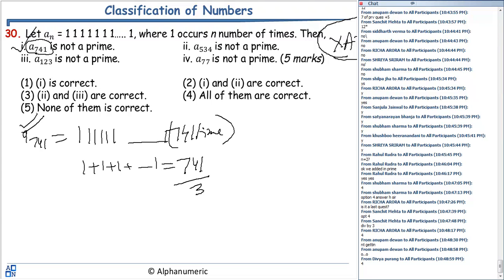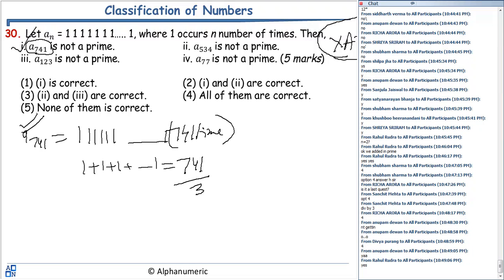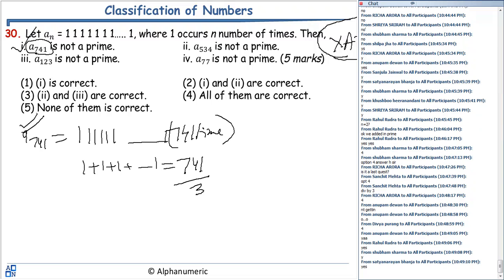Is this clear, Anupam? Is it clear to everyone that the sum of the digits in A741 is 741, which is a multiple of 3. Similarly, option 2, A534: if you add 1 534 times, 534 is also divisible by 3.